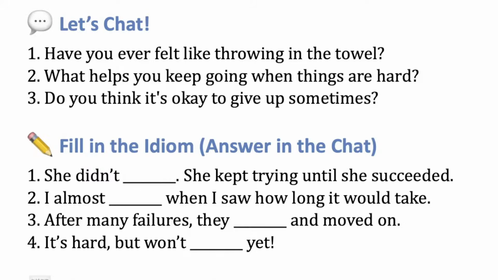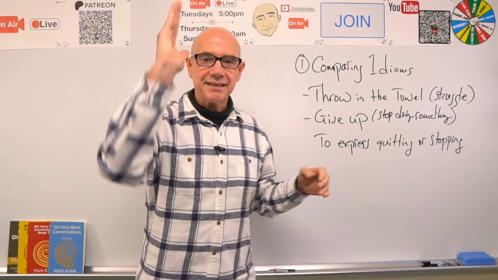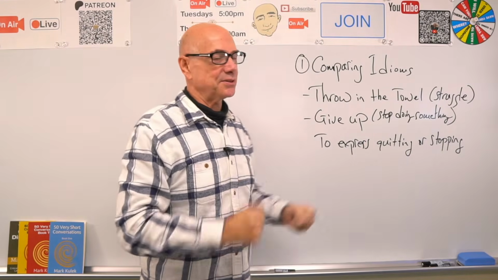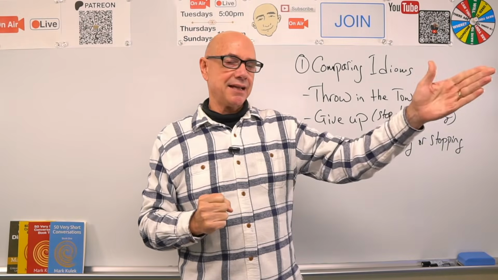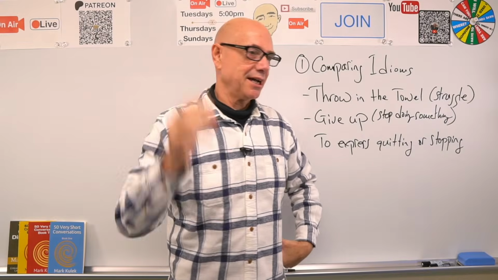Okay, number 2. I almost threw in the towel when I saw, now again, I would use for number 2 give up or gave up. I almost gave up when I saw how long it would take, right? So here the person wasn't waiting. The person's walking up and they see the line. It's a long line. Oh boy, I'm not going to try.